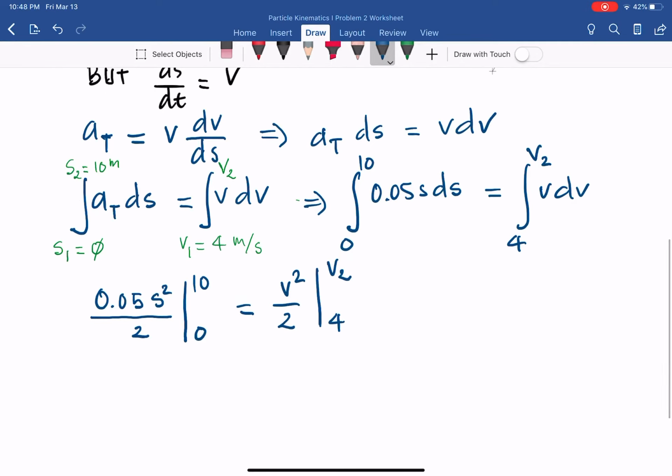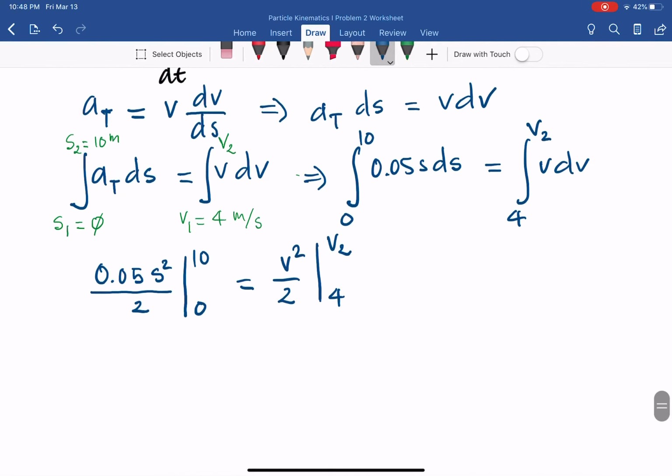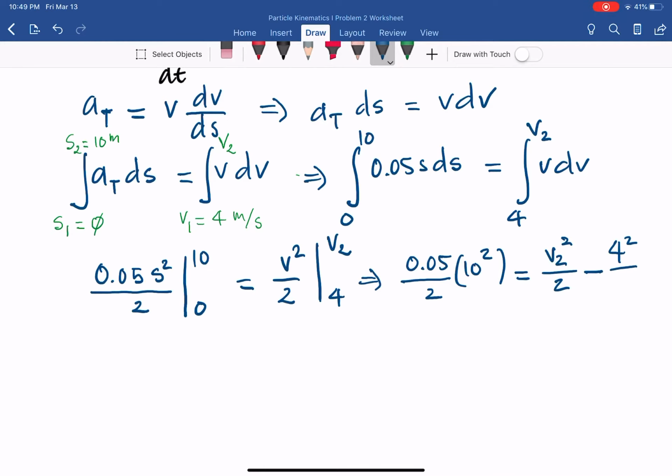So we plug in. At 0 plug in, nothing, and at 10 we have 0.005 over 2 times 10 squared, equal to v2 squared over 2 minus v1, which is 4, so you have 4 squared over 2.